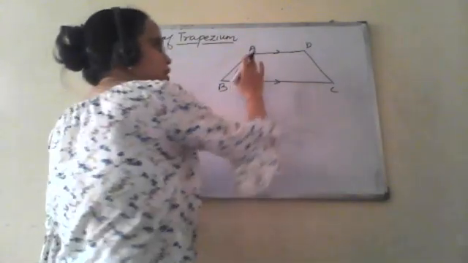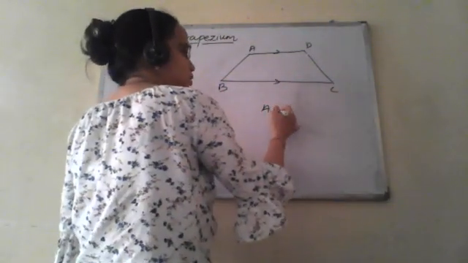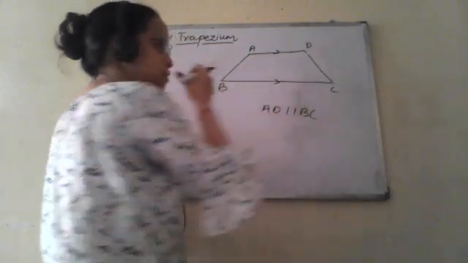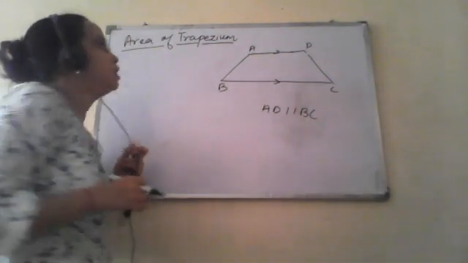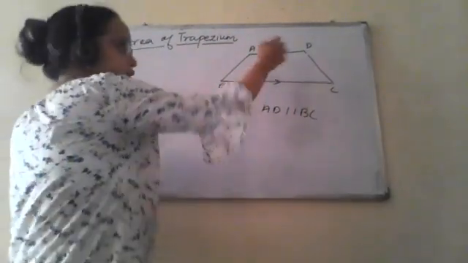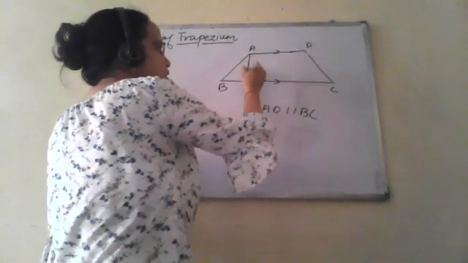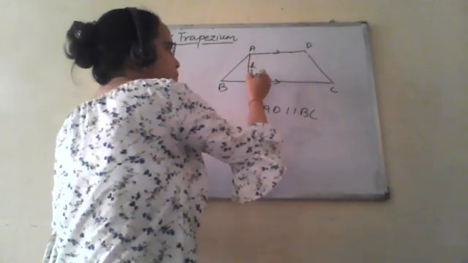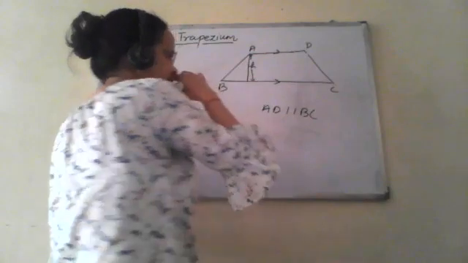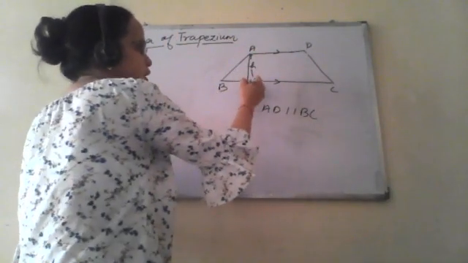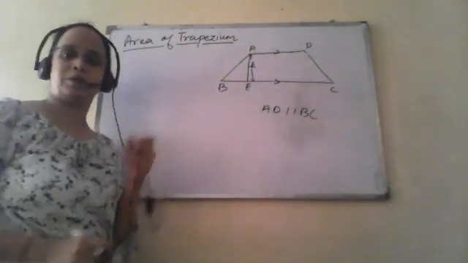Means AD is parallel to BC. These opposite sides are parallel. Now these are parallel sides and this is the perpendicular distance between parallel sides. This is H. Okay, we can say AE. AE is the perpendicular distance between the parallel sides.